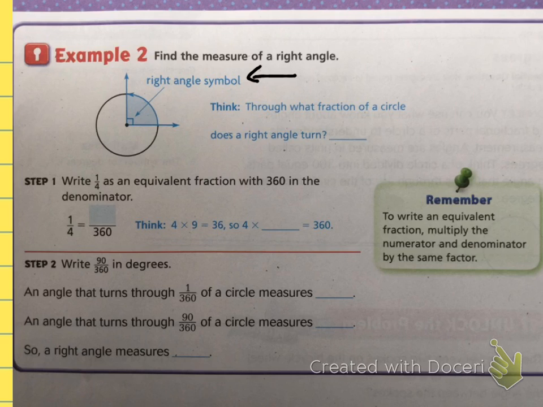All right, here's step 1. I'm going to write 1/4 as an equivalent fraction with 360 degrees in the denominator, because I know that's 1/4 of a turn. So 1/4 equals what over 360? I'm going to think, 4 times 9 is 36. So 4 times what is going to be 360?